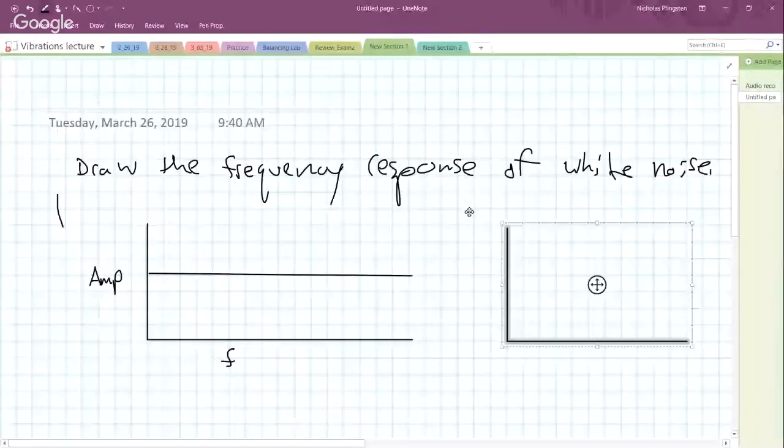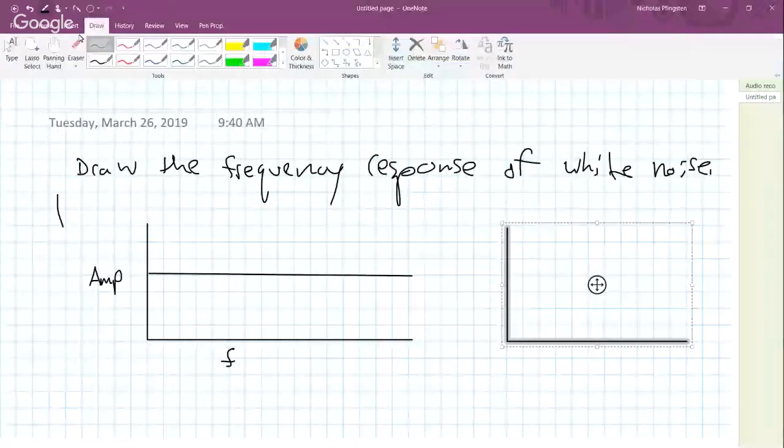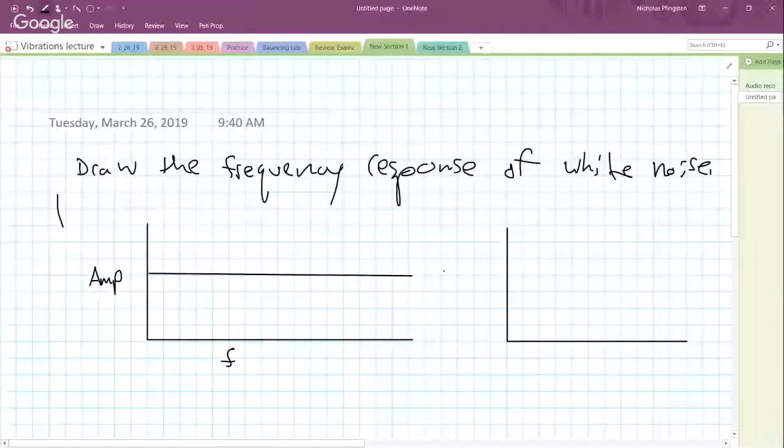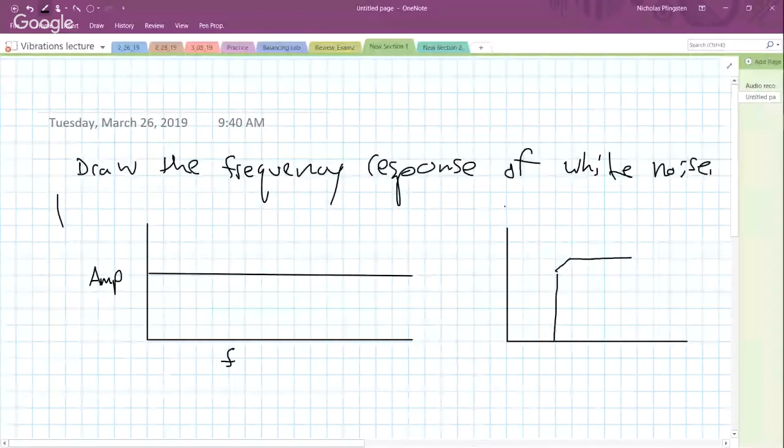All right, next thing I want to talk about is hammers. If you look at a hammer hit, it's going to produce a force. You look at that as a function of time. Here's the force of the hammer as a function of time. An impulse. So it's 0, and every time you hit, you get that.